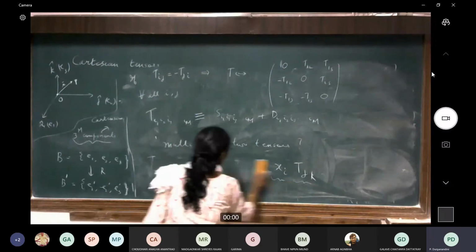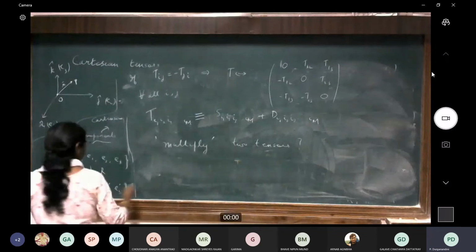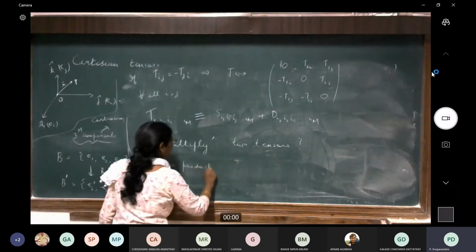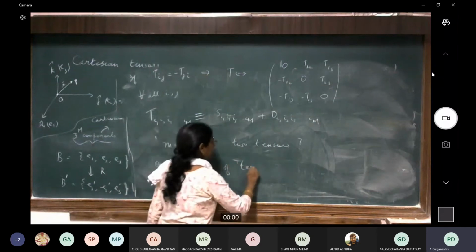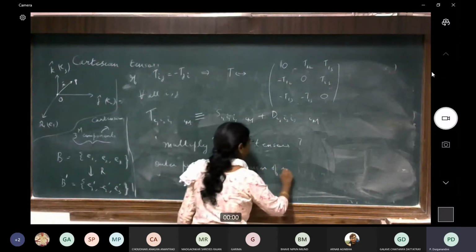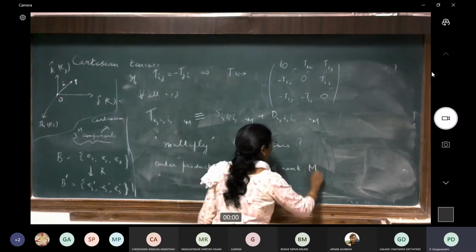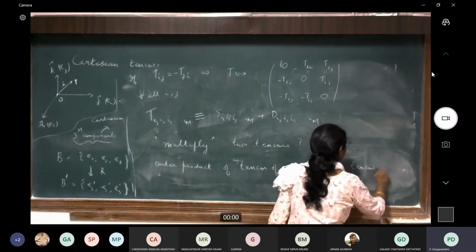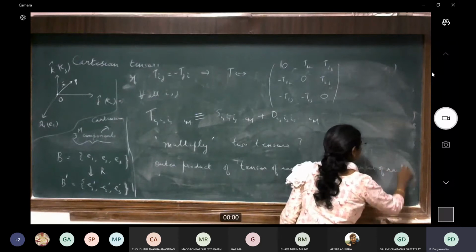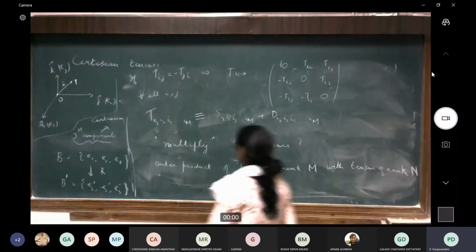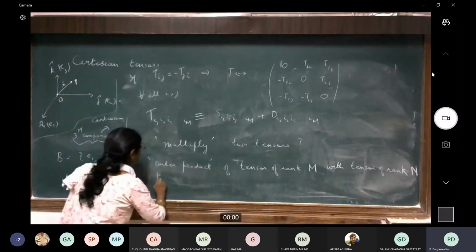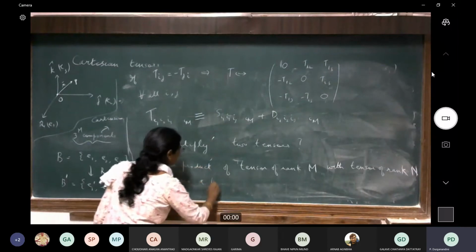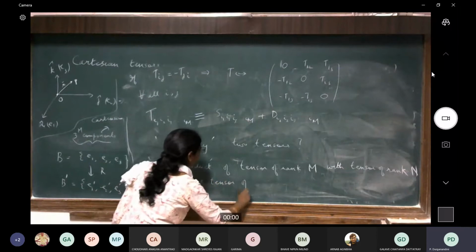So in general then, what I can construct is the outer product of a tensor of rank m with a tensor of rank n, and what you will get is a tensor of rank... what will be the tensor rank?